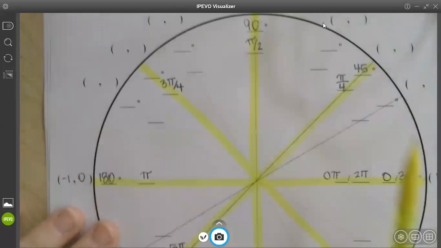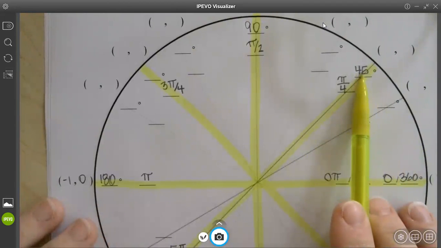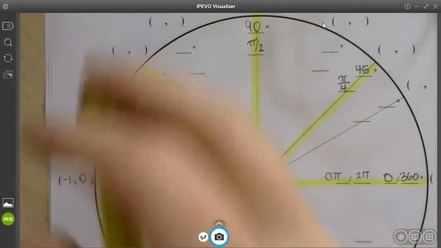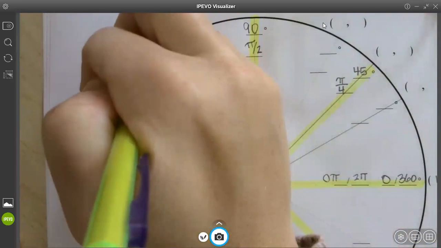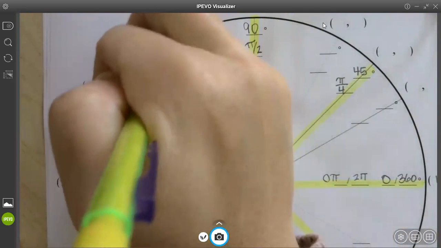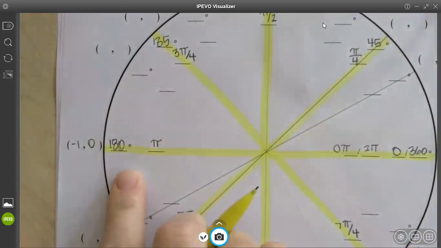We said the degrees were going by what? 0 to right here, pointing at it. 45 plus 45 is, how do I get the next one? Plus 45 is 135. Plus 45 is 180.